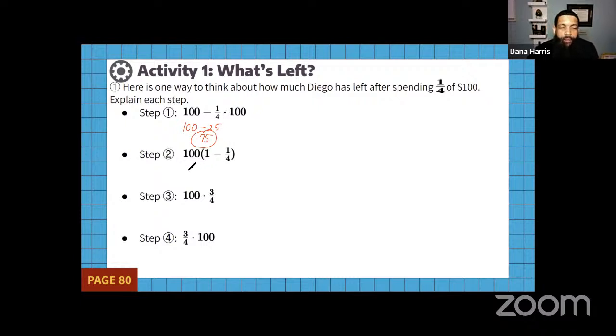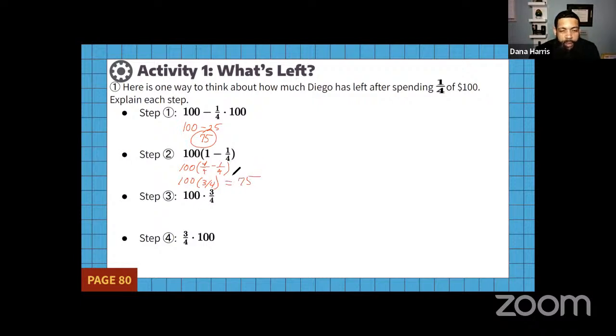Here we have 100, and then 1 minus 1/4 is the same thing as 4/4 minus 1/4, which is equal to 3/4. So that gives you 100 times 3/4, which is 75.